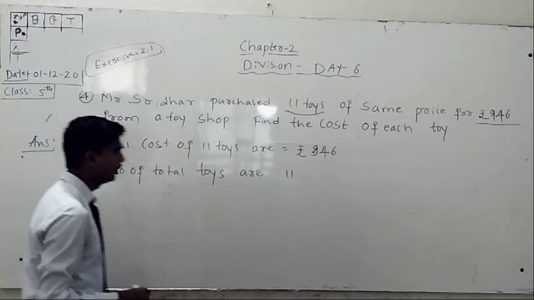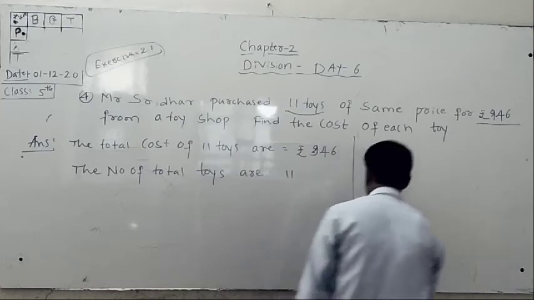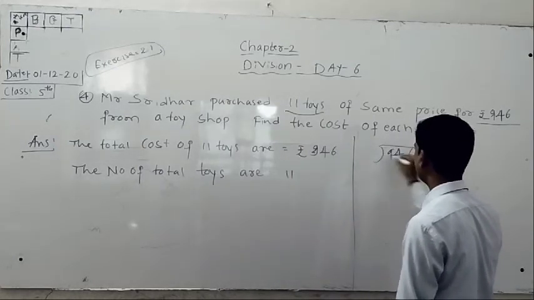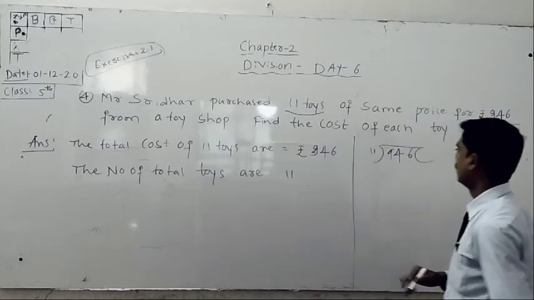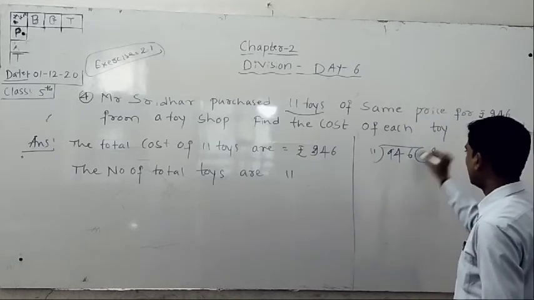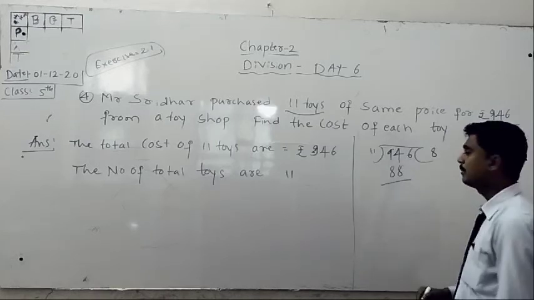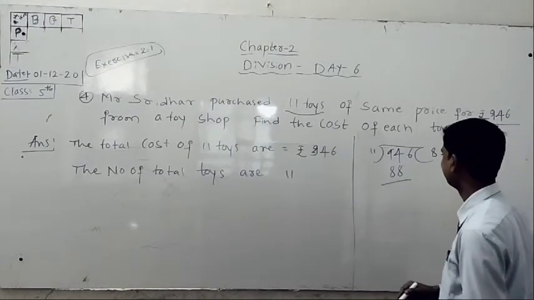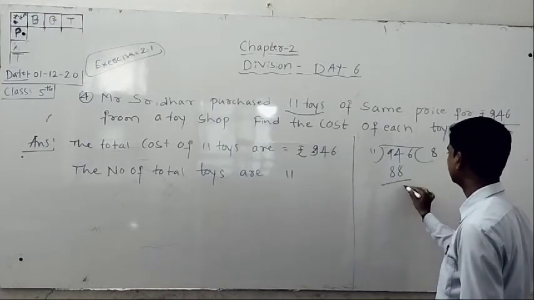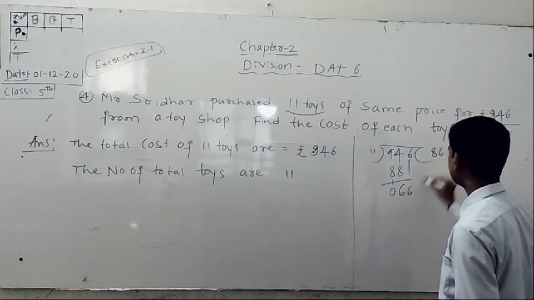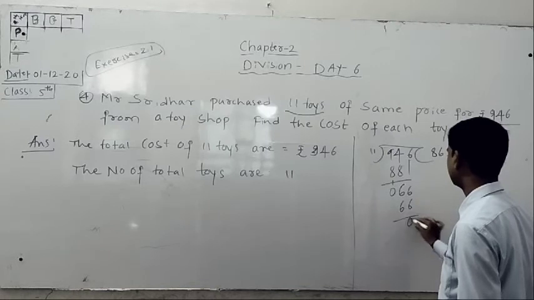Then we have to equally divide, 946 divided by 11. 11 eights are 88. 94 minus 88 is 6, 0. 11 sixes are 66.